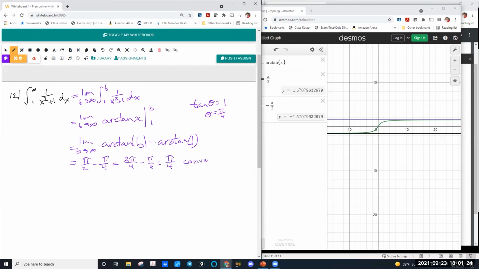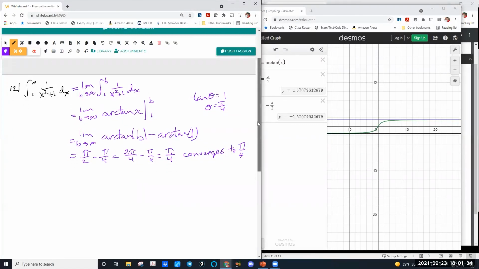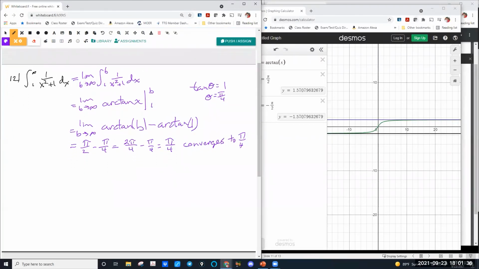So this guy converges to pi over 4. Again, when we can calculate it, we know that it converges to that number. When we use the comparison test, all we're showing is that it converges or diverges. All right, so that's how we could show that one converges.